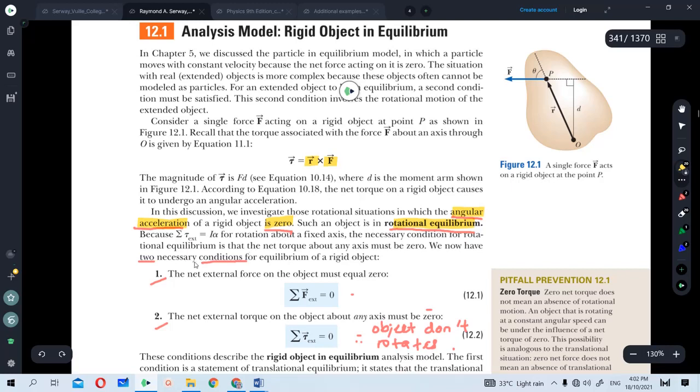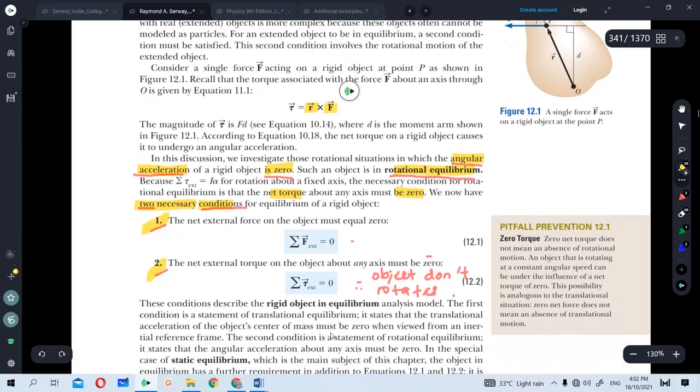Now, the effect is that it is 0, so we need to use what we call the conditions of equilibrium. We have two conditions of equilibrium. Number 1, coming from the previous topic, when an object is at equilibrium, the net force is equivalent to 0.